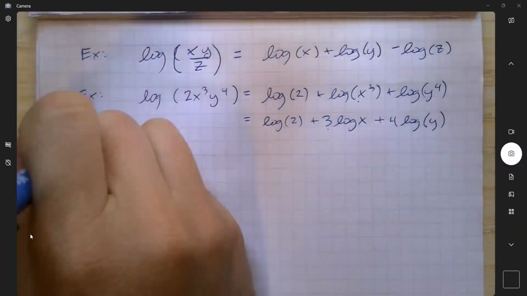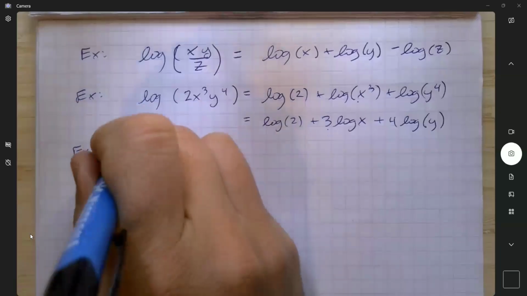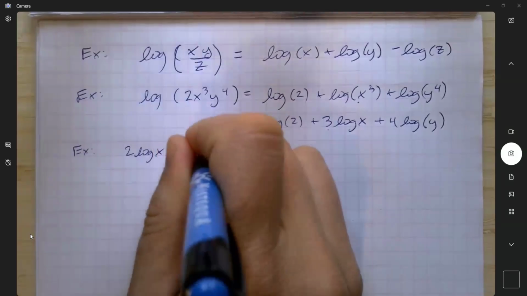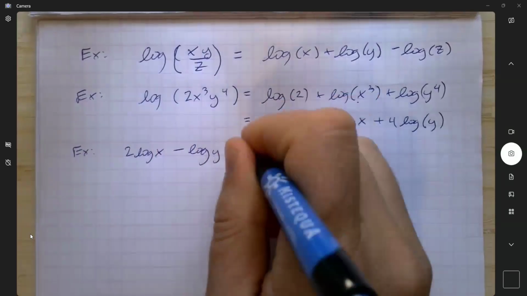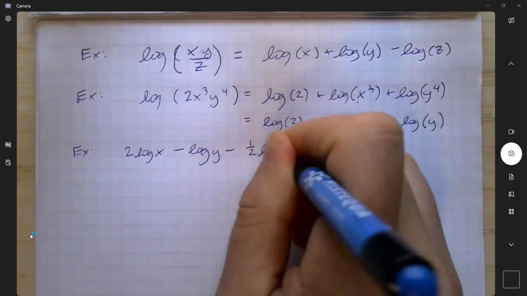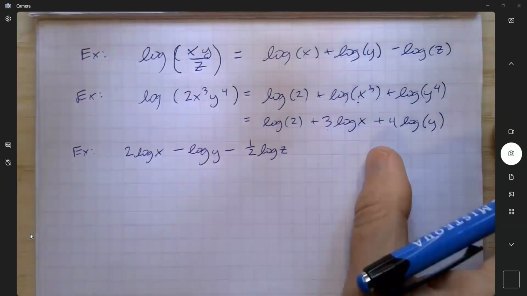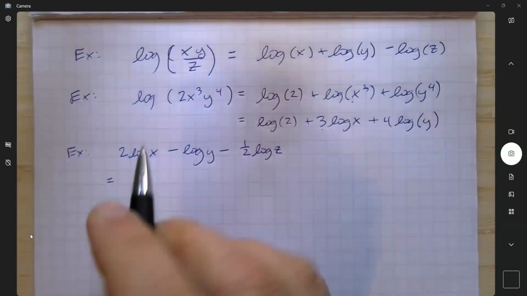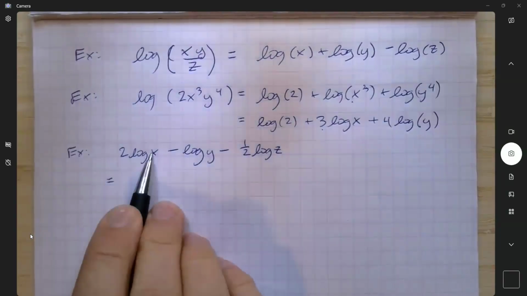And I can also go the other way. Let's suppose I have 2 log x minus log y minus 1/2 log z, and I want to write it as a single logarithm. First I'll use my power rule in reverse.